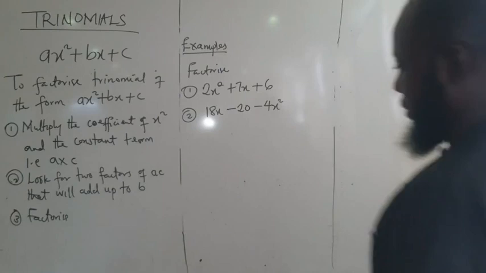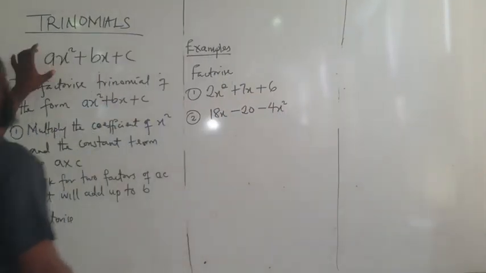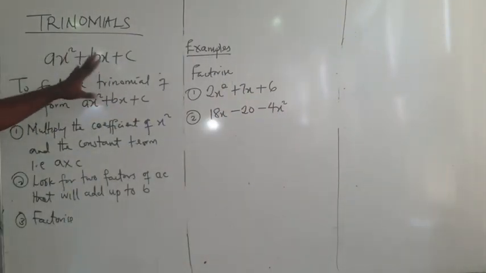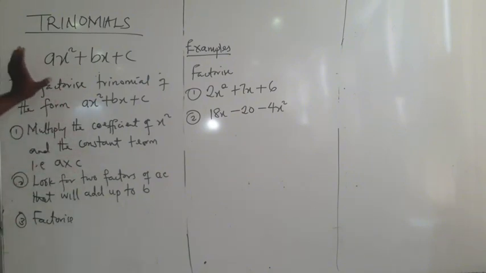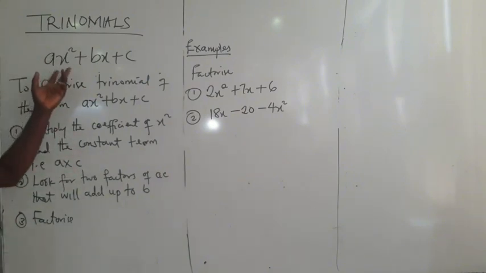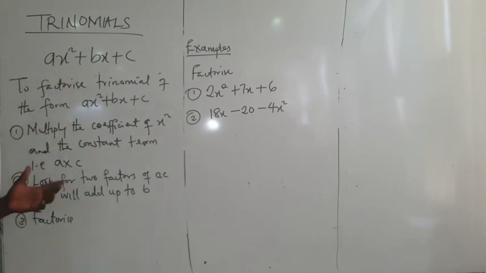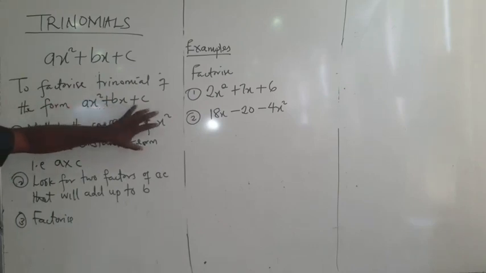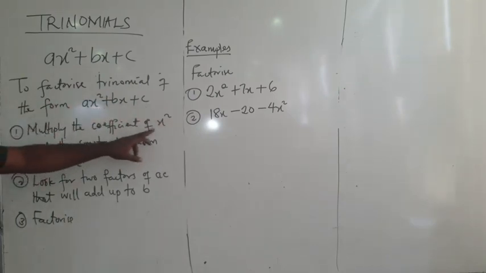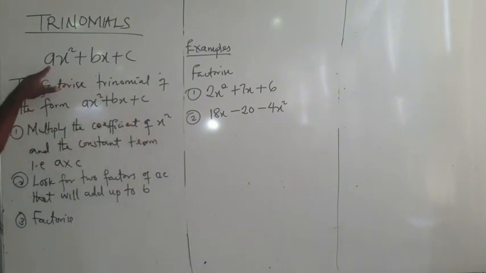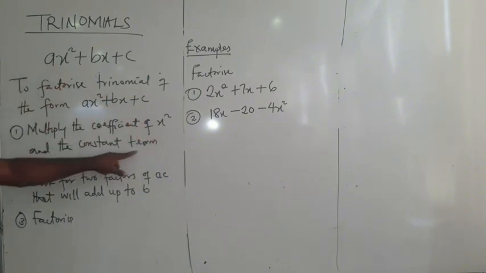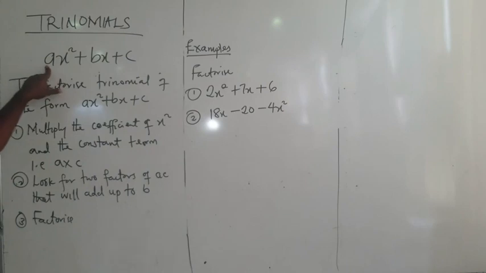Okay. So ax squared plus bx plus c. So how do we factorize this? It's a case whereby the coefficient of x squared is more than 1. If the coefficient of x squared is more than 1, what are we going to do? So to factorize a trinomial of the form ax squared plus bx plus c, multiply the coefficient of x squared, which is a, and the constant term, that is multiply a by what?